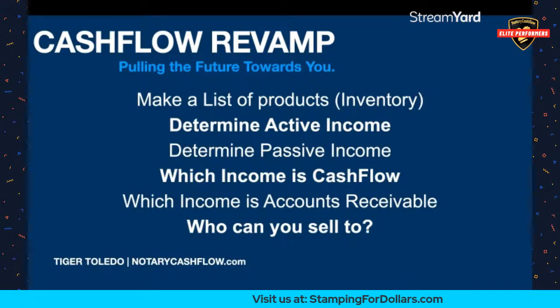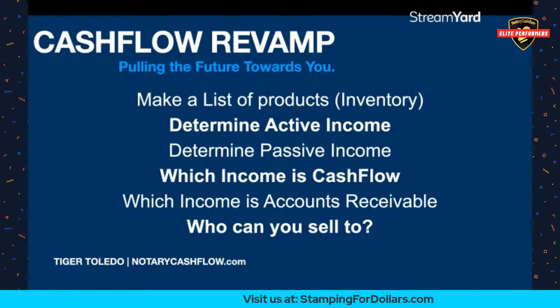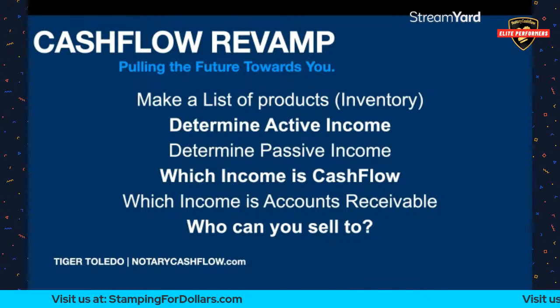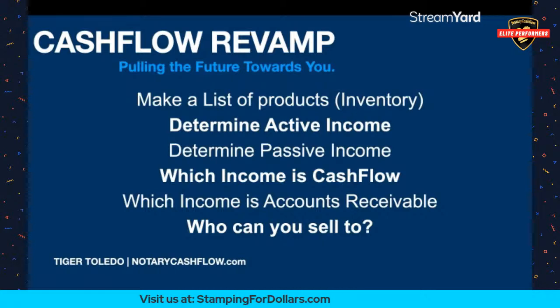Now, if you are working with a real estate company, title company, escrow company, you have to wait on your check for 2 weeks, 3 weeks, however long their term is, that will be your account receivables. So we need to determine which one is cash flow and which one you have to wait on the money. I'll give you another example.